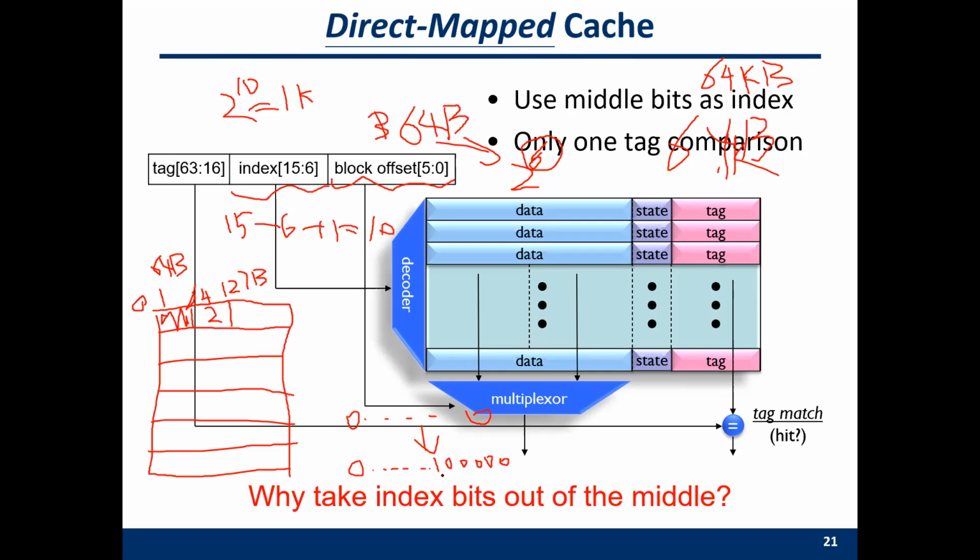Yes, this is 6 bits and the first bit is 1. So in binary, this indicates the 64.